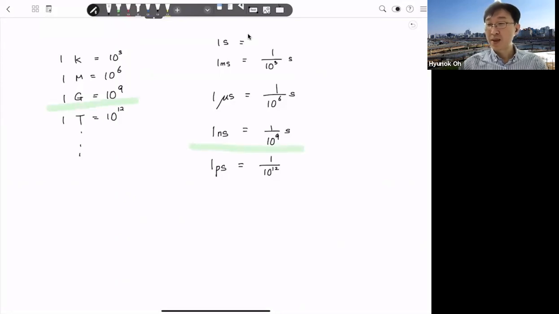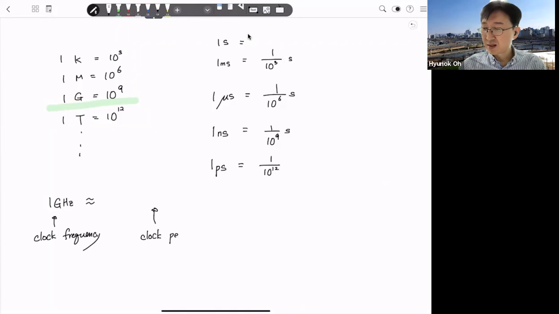So 1 gigahertz is the clock frequency. That means the clock period is 1 nanosecond. So in the 1 gigahertz machine case, 1 clock period is just 1 nanosecond.